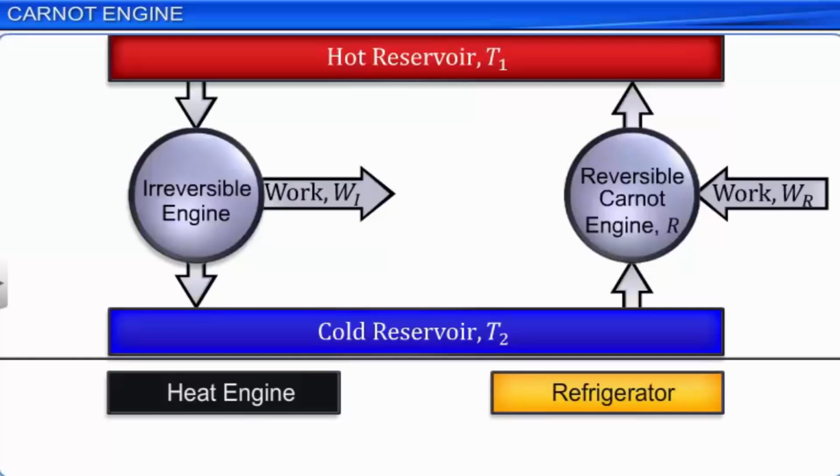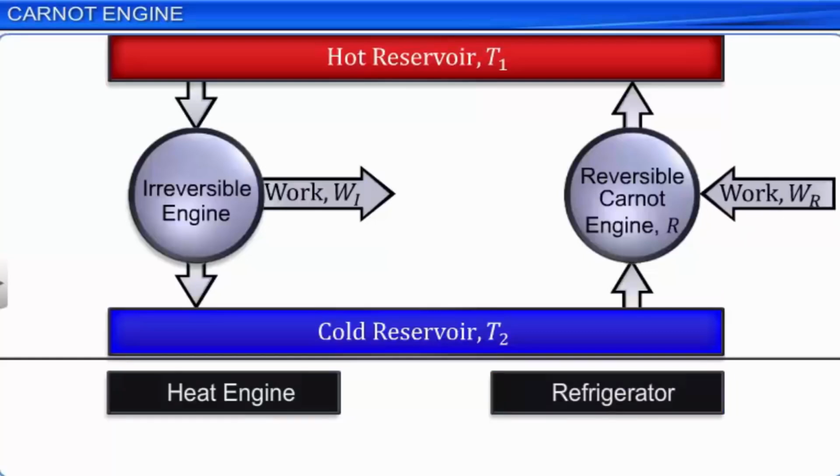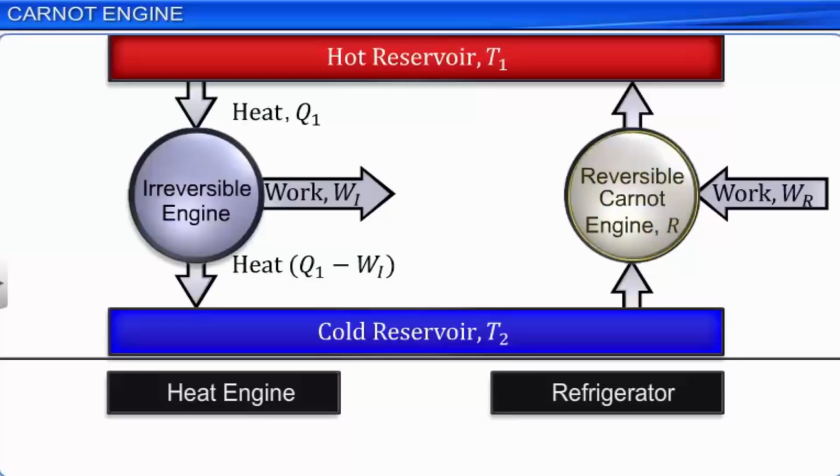Let us assume that the heat engine receives heat Q1 from the hot reservoir and returns some heat Q1 minus Wi to the cold reservoir. Let us also assume that the engine R, which is working as a refrigerator, absorbs heat Q2 from the cold reservoir and returns heat Q1 to the hot reservoir.